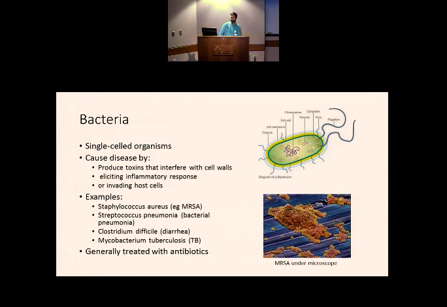So they can do it by multiple kinds of actions. Examples of these are Staph aureus. An example of Staph aureus is MRSA. That's the one we're most concerned about in the hospital setting usually. Streptococcus pneumoniae, Clostridium difficile, and TB. And these are generally treated with antibiotics.